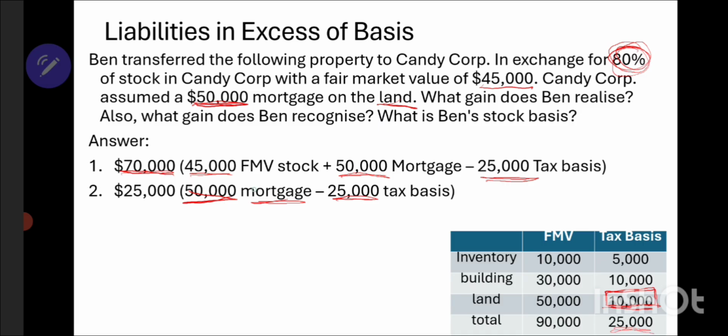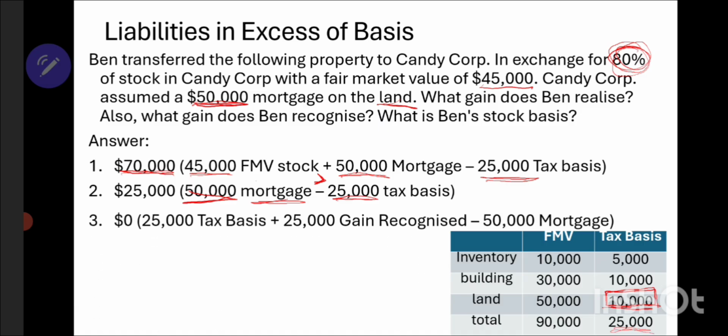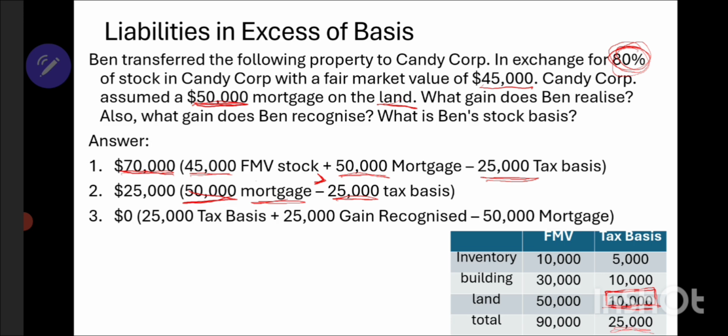Since the liability is greater than our basis, we will have to recognize the difference as a gain. Now, what's Ben's stock basis? His stock basis is $0. I think this is more of a formula issue. It's $25,000 stock basis, which we got down here, plus the $25,000 gain recognized that we calculated, minus the mortgage.